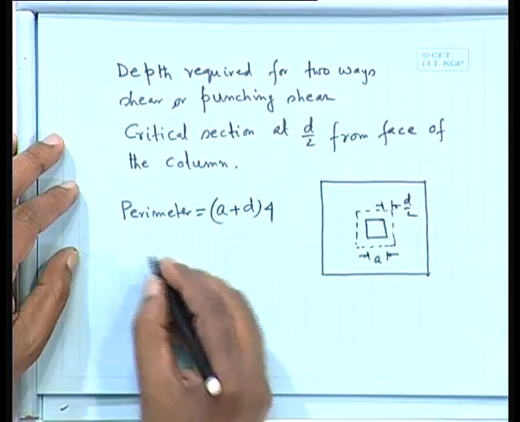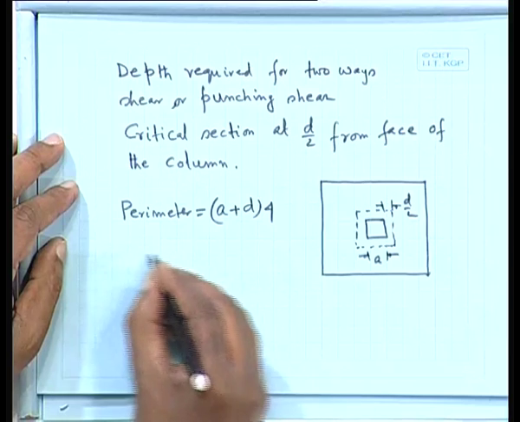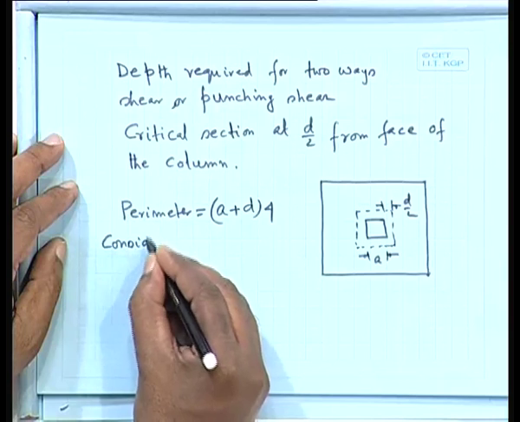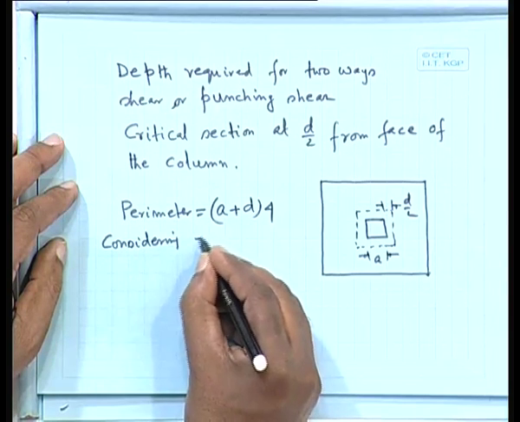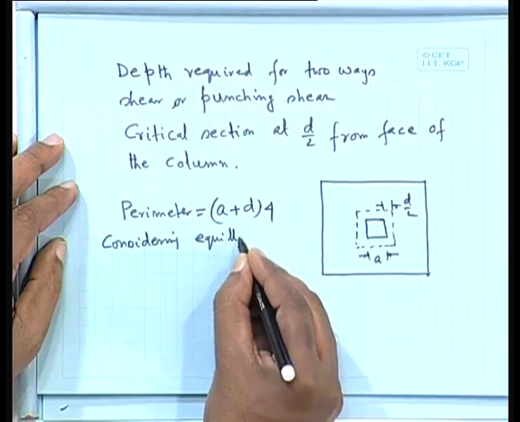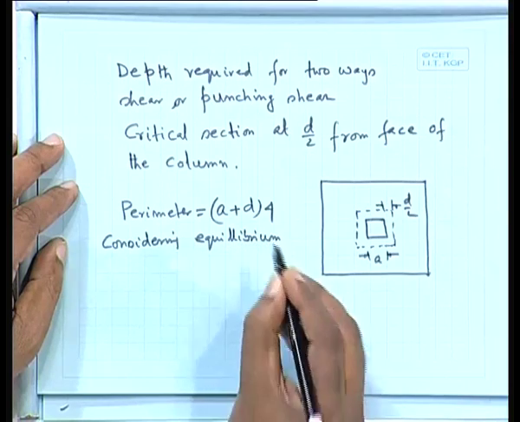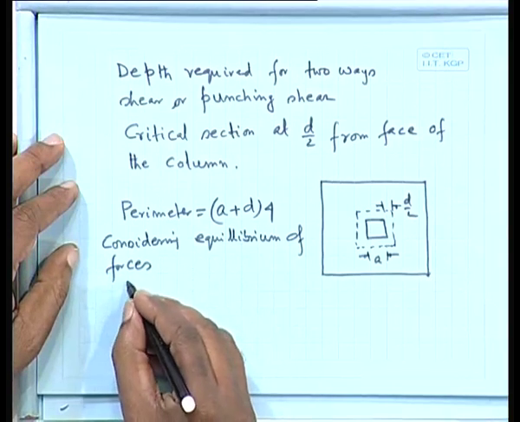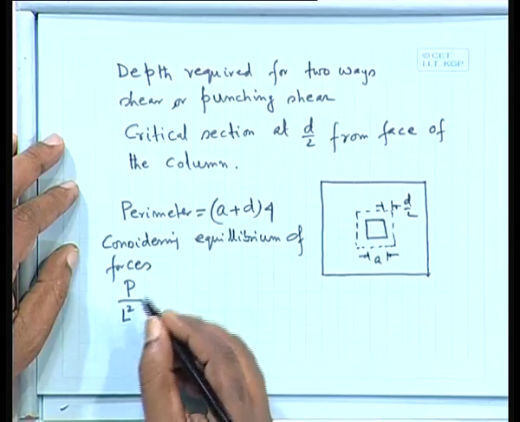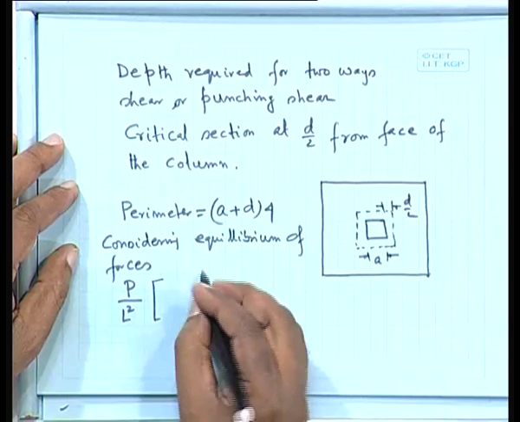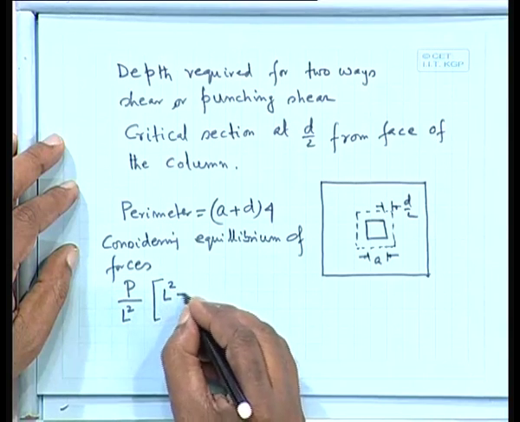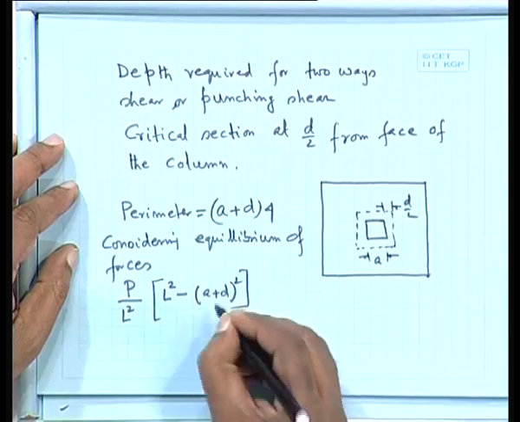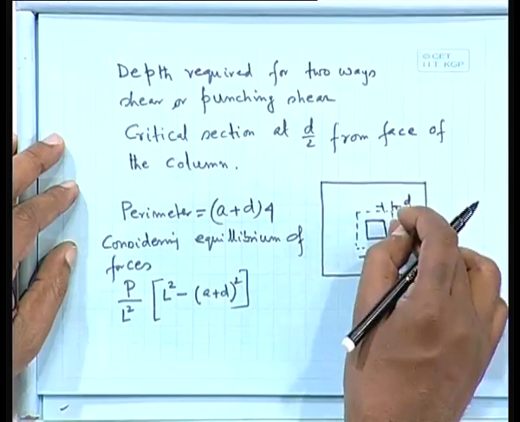If we consider the equilibrium of forces, we can write P by L square times L square minus A plus D whole square. We are taking this portion out.